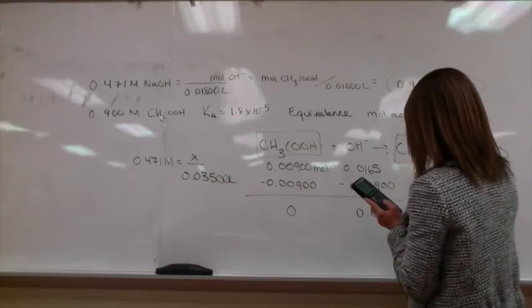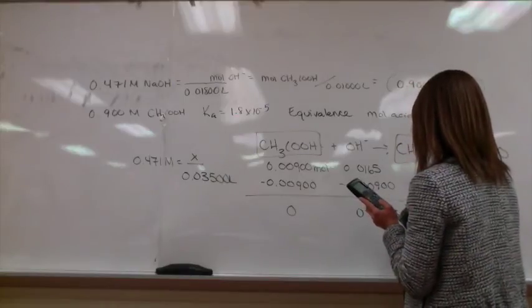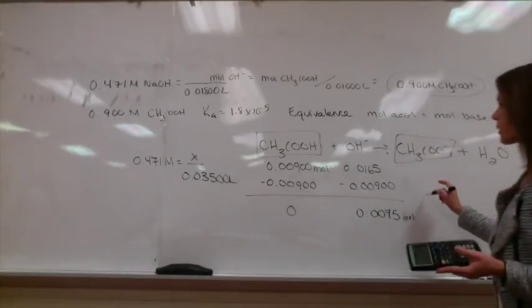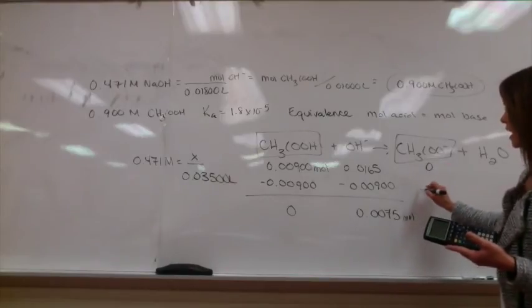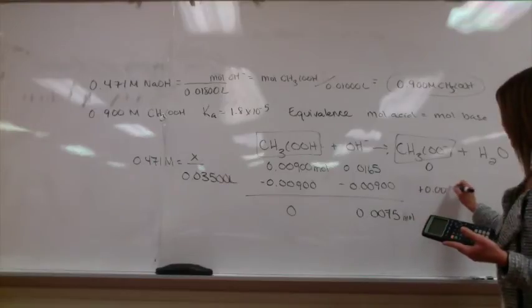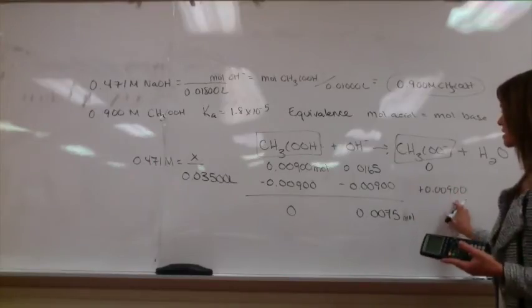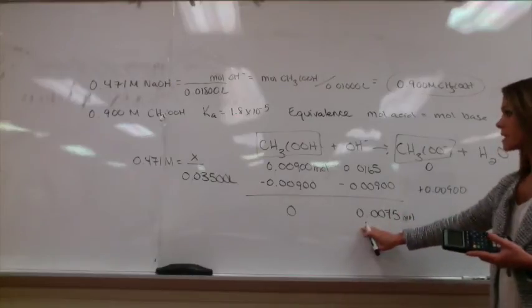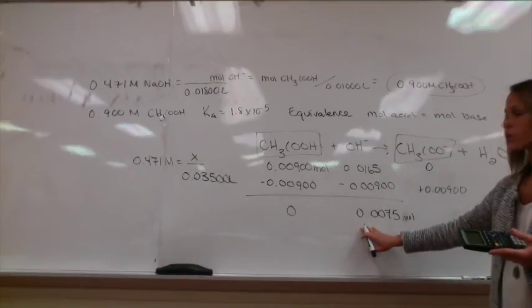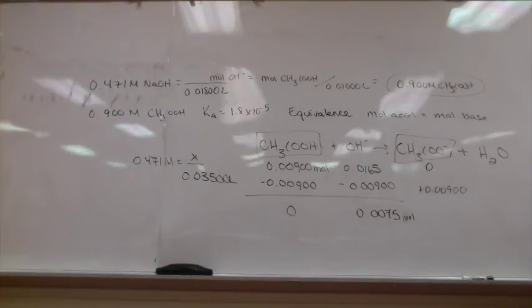Moles of that are remaining. And then even though you are making moles of this on the other side, because this was 0 initially, and you're adding 0.00900, this is going to be negligible, right? Because the base concentration itself is going to overtake any base reaction that we would have gotten over here, right?